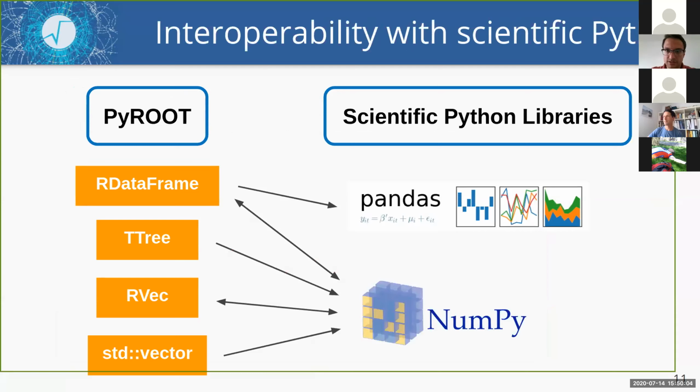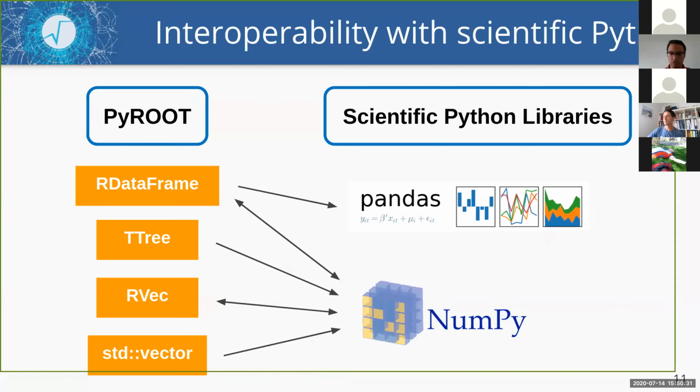Another nice feature of the new PyROOT is this interoperability with scientific Python libraries. Yesterday in the survey, pandas and NumPy were mentioned as some of the most used in our community, or at least among the attendees of this workshop, right? So we have worked on making some of our classes interoperable with these libraries in Python.